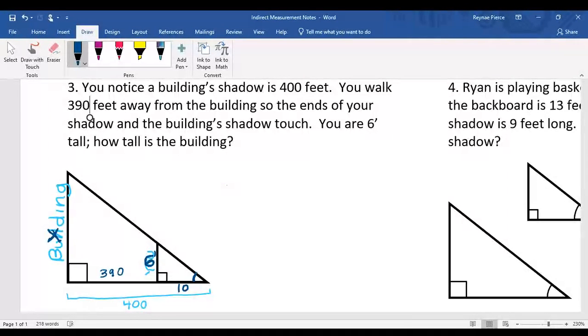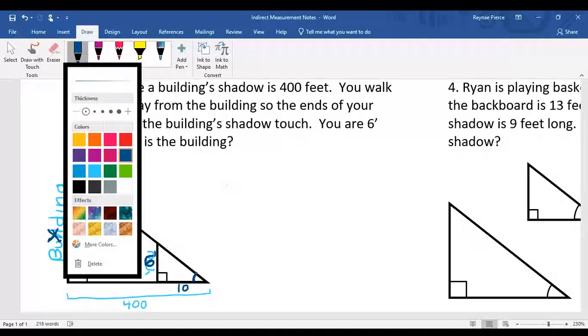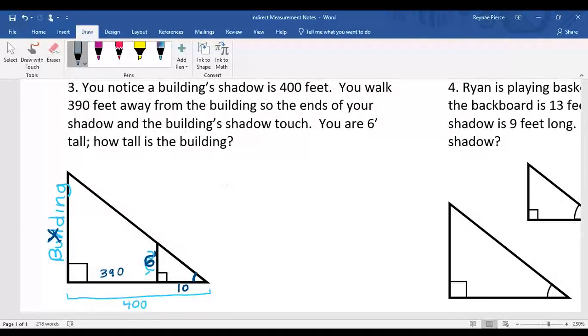So if we look at big triangle to small triangle, the height of the building over the height of you is going to be equal to the length of the shadow of the building over the length of your shadow, which was 10 feet.